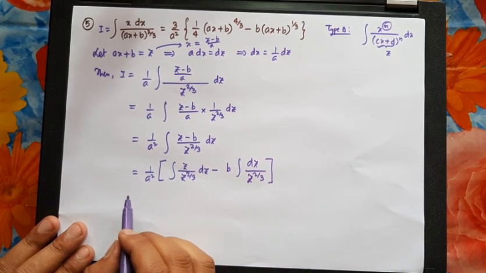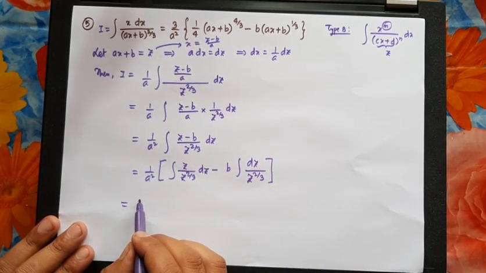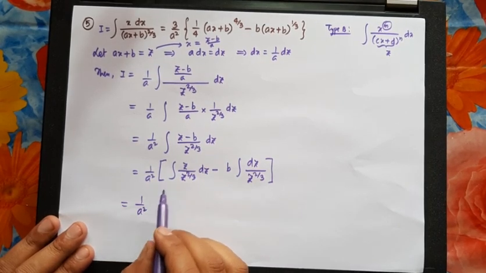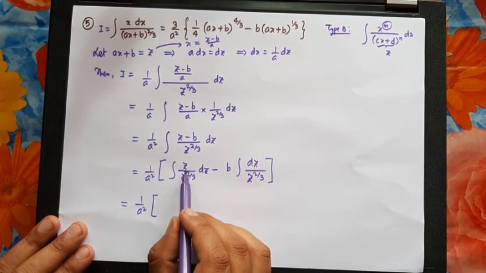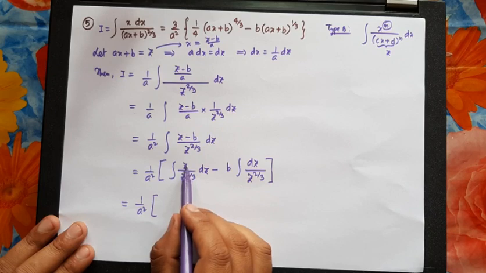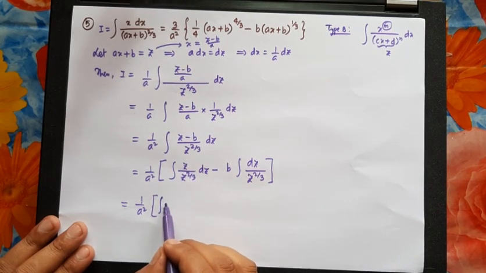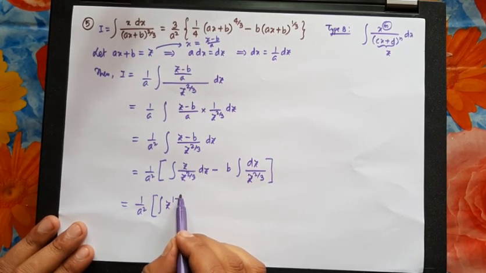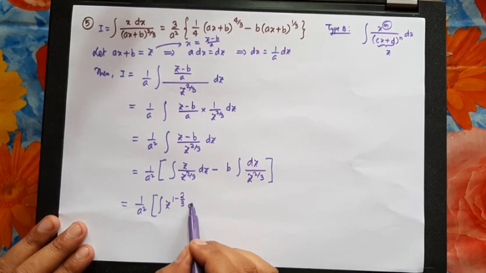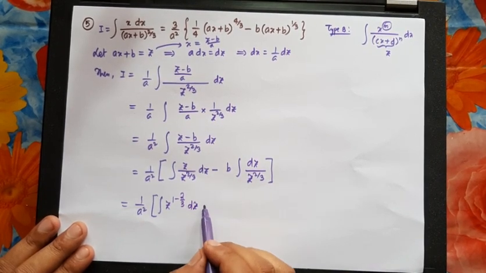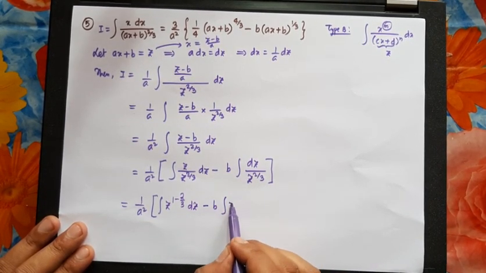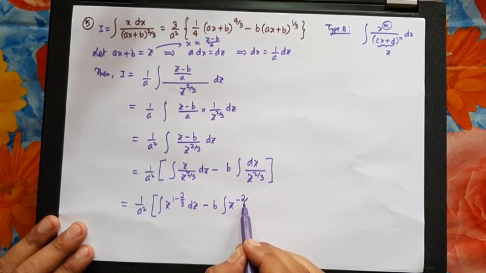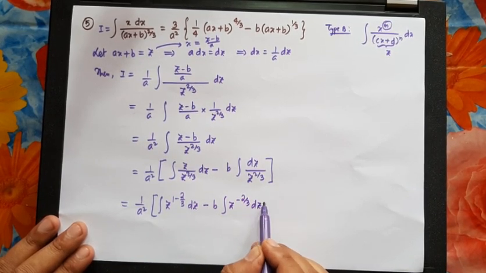This can be written as 1 by a square, where z by z to the power 2 by 3 is z to the power 1 minus 2 by 3 dz, minus b times z to the power minus 2 by 3 dz.